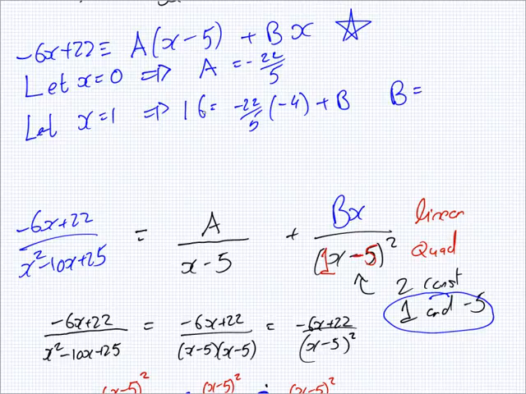Can someone do that? 16 plus 88 over 5. It's going to be ugly. Oh, kind of nice. Minus 8 over 5.